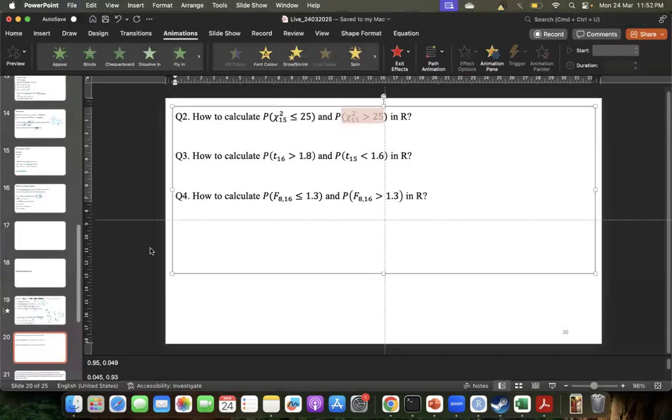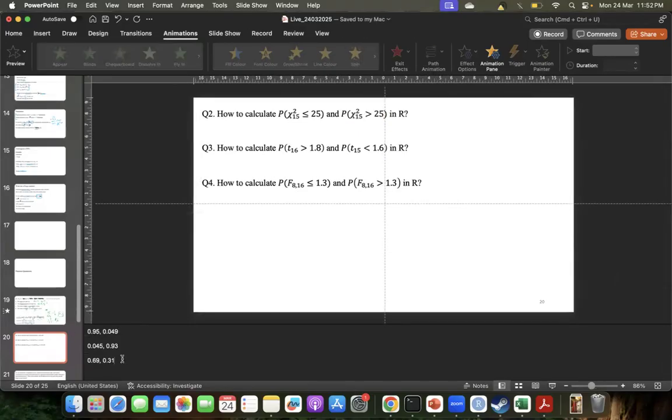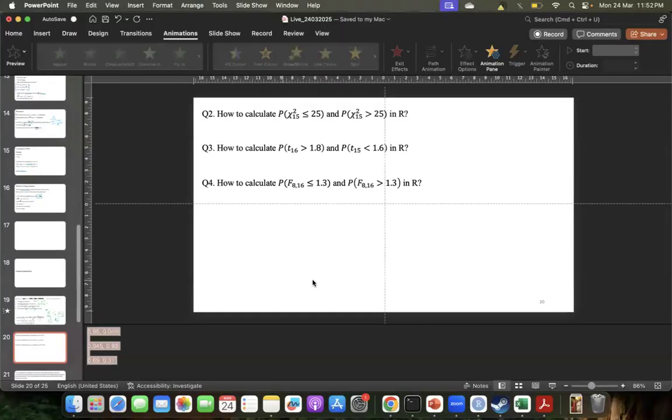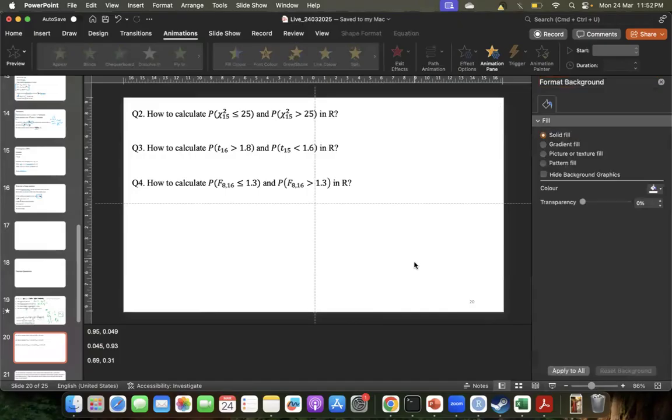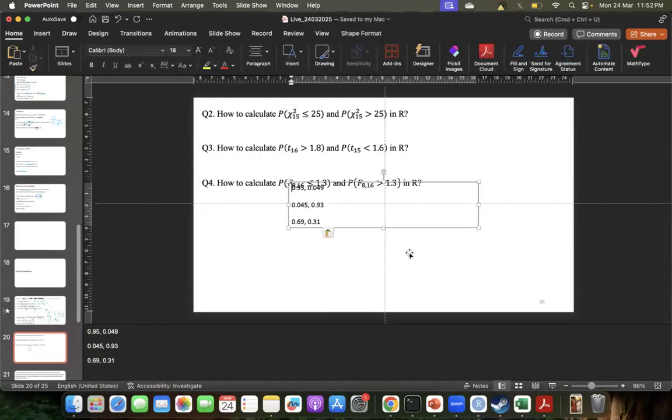So these are the type of questions you can get in your assignment, or I should say the exam, and you would have options to choose from. So how do you calculate? Again, these are the answers. I can maybe copy this here, but the main question is how do you actually solve this rather than the answers.